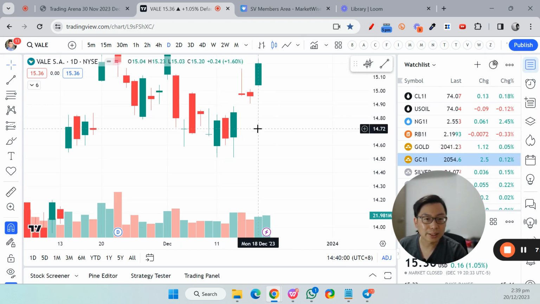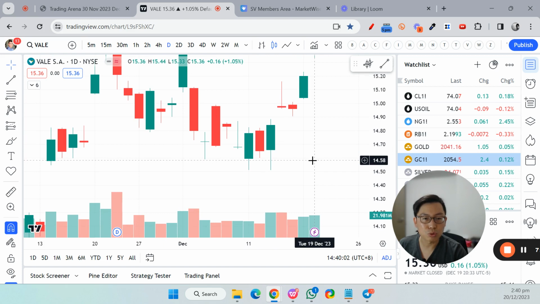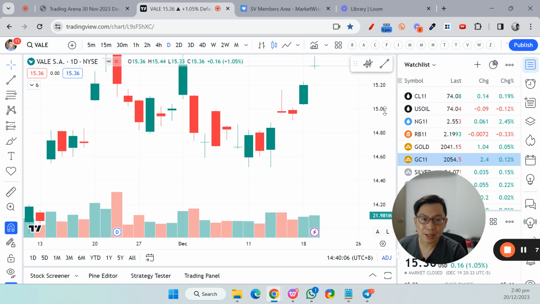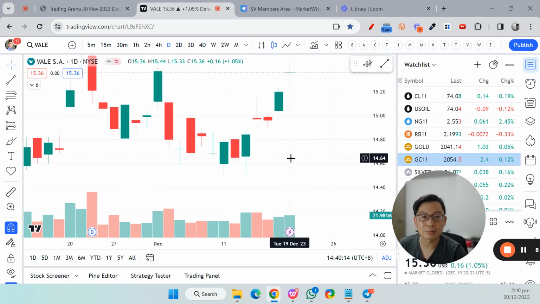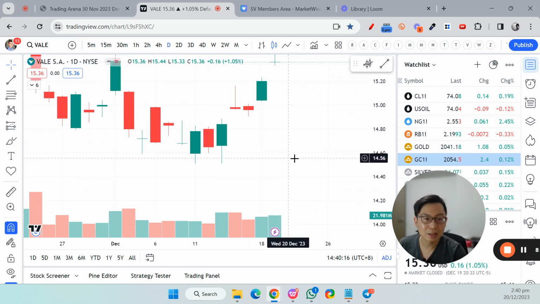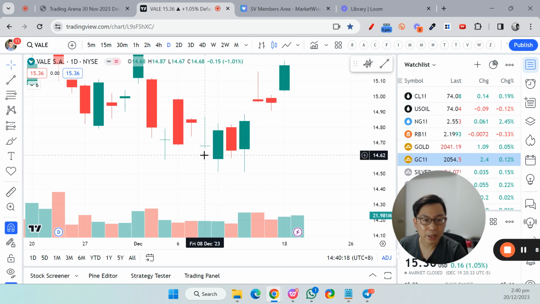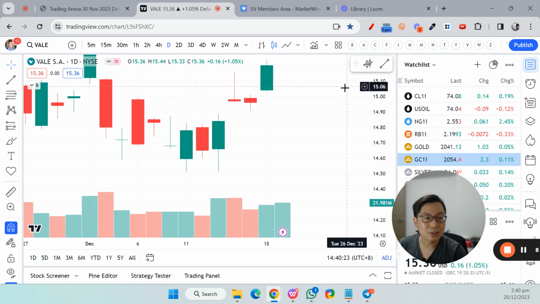Once again, I just want you to train your eyes. At first glance, you might not notice it, but as you practice looking at more charts, you should be able to see the wash and rinse pattern very fast. Can you see that there is a wash and rinse pattern over here?